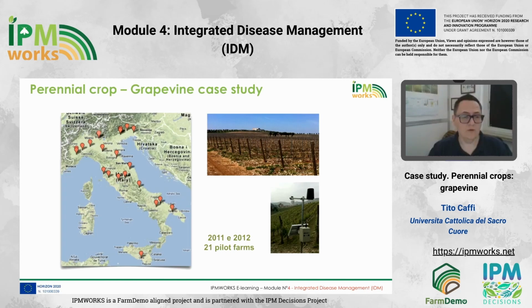So we are talking about organic farmers, more or less all across Italy. Even if you are not managing vines, you can easily understand that we have very different environmental and growing conditions from the very north to the very south of Italy.